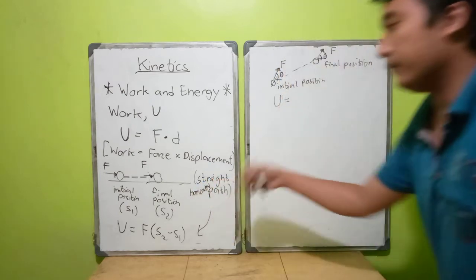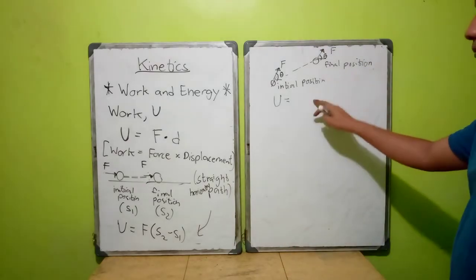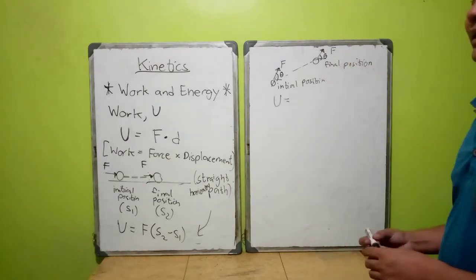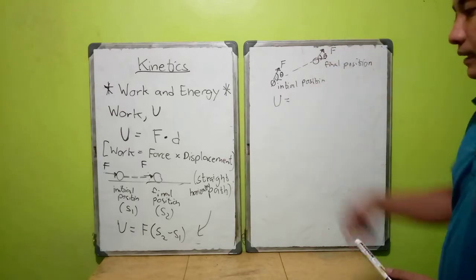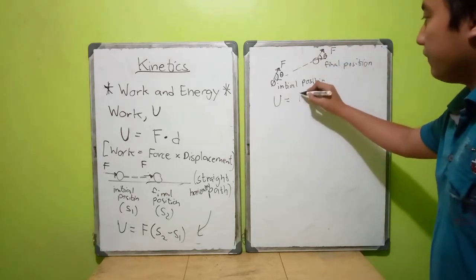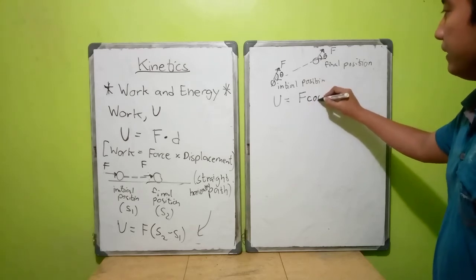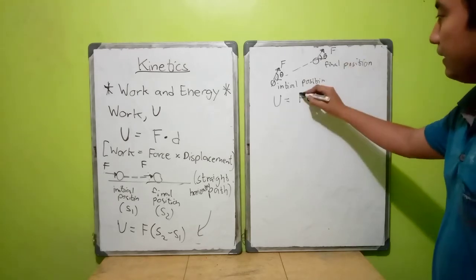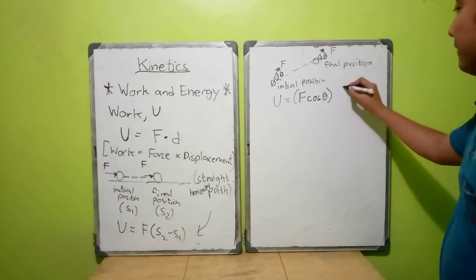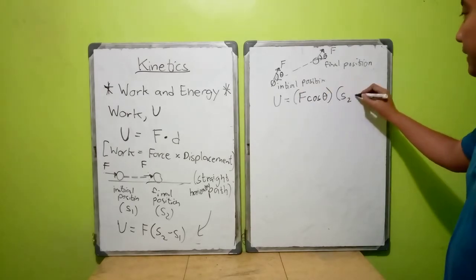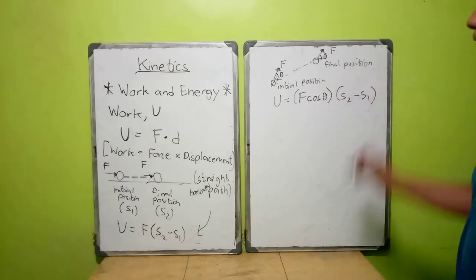This is good for a straight horizontal path. But if it makes theta degrees with the ground, we use F cosine theta multiplied by your displacement or your change in position.